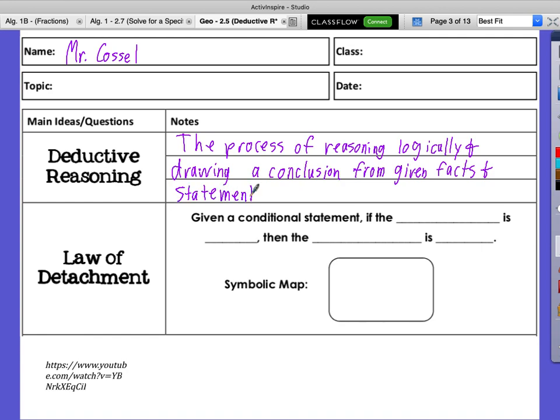Dang, I want to laugh so much. I don't know why. Okay, cool. The process of reasoning logically and drawing a conclusion from given facts and statements.